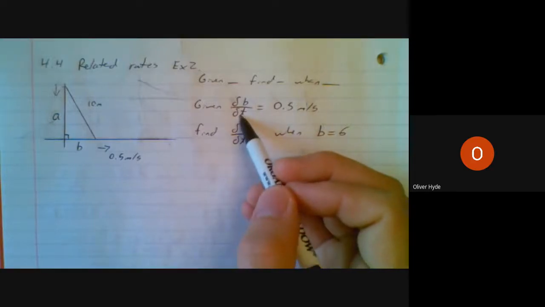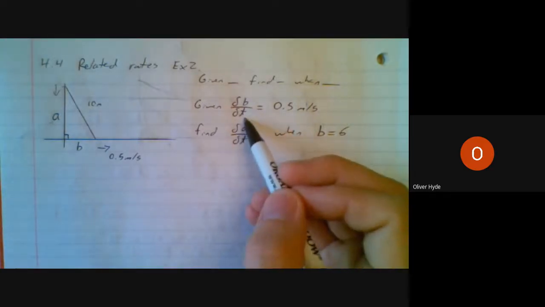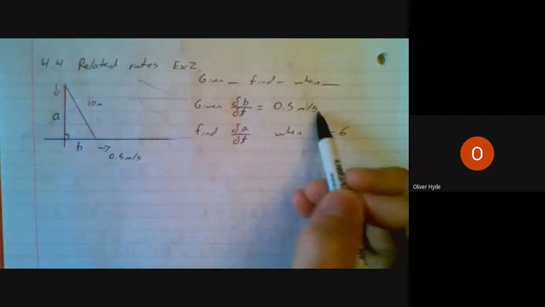Now, notice the variables that I have here, A and B, that have to be declared. But since I'm differentiating with respect to time, I also need to declare that variable and its units.